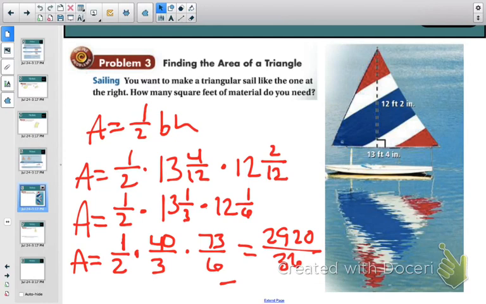And if we divide those, we get 81.1 repeating, and that's going to be in square feet.